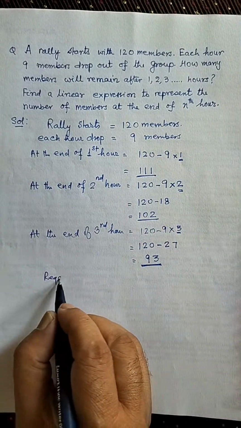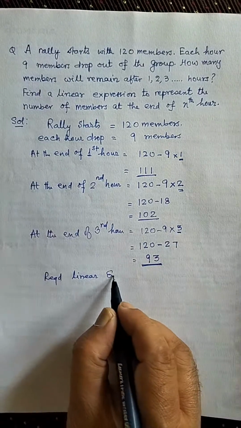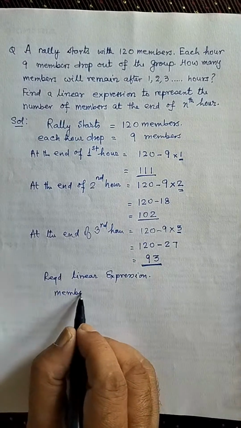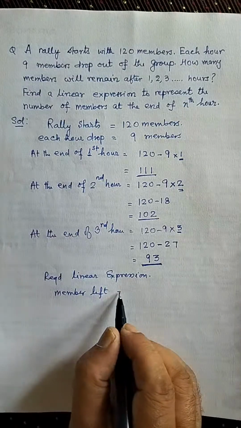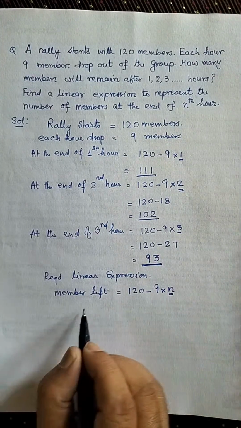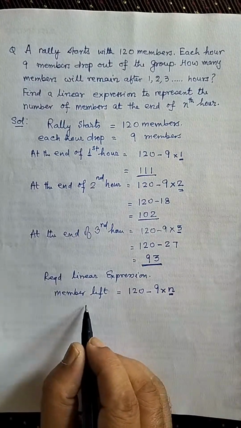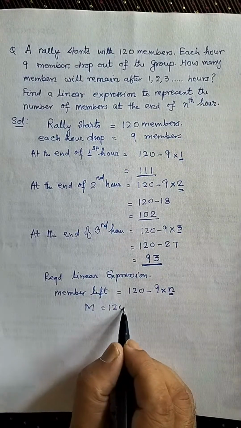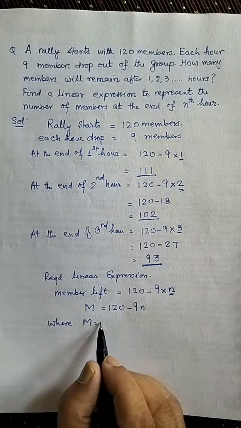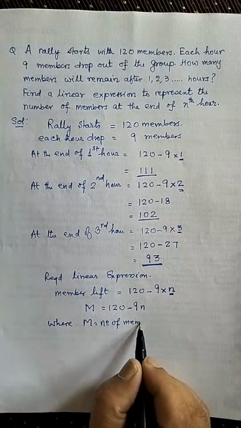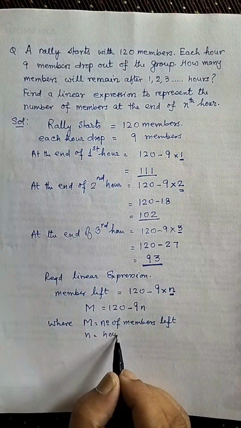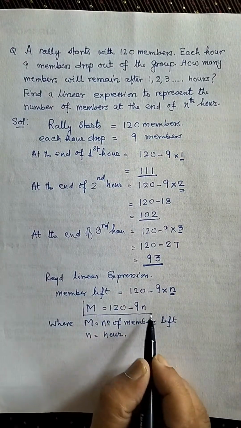So the required linear expression is members left is given by 120 minus 9 into n, or symbolically, m is equal to 120 minus 9n, where m is number of members left and n is the hour, right? So this is again our required linear relation.